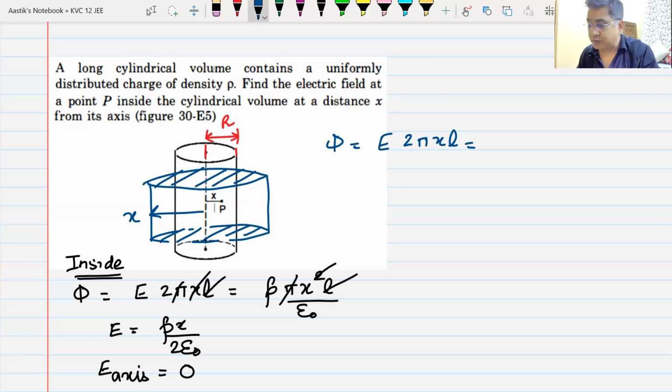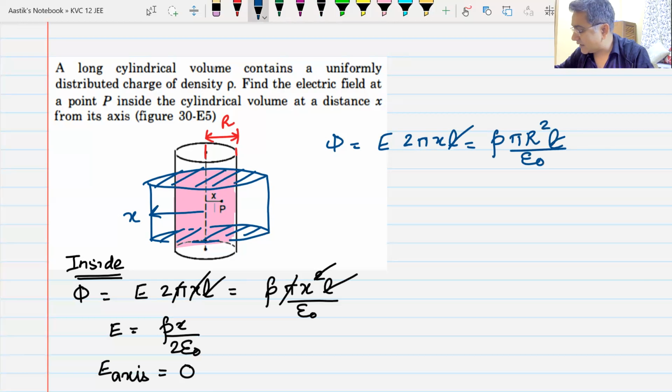That must be equal to the charge enclosed in this cylinder that I have created. To find the charge enclosed, you must understand that only the charge in this portion, which is inside the cylindrical space, will be considered. So how much is the charge in this pink surface? It will be rho into pi r square into L, the volume of this cylinder, divided by epsilon naught.